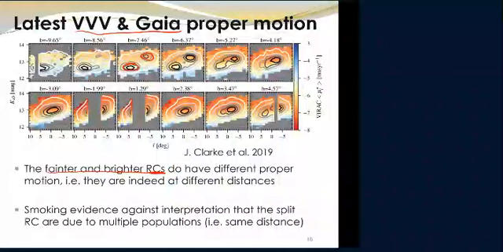They say that maybe red clumps are not good standard candles, and this is just showing that overall the red clump stars can be used as a good standard candle to trace the X-shaped or peanut-shaped structure. So I think this is very strong evidence against the interpretation that there are two populations of red clumps due to multiple populations.